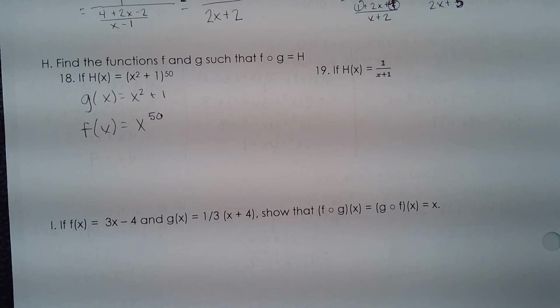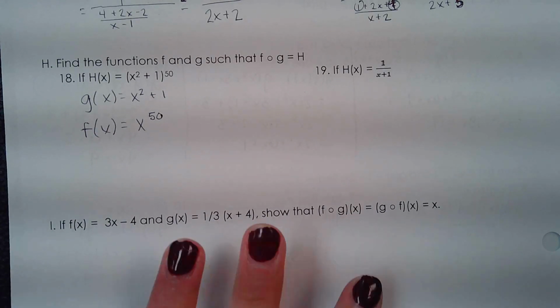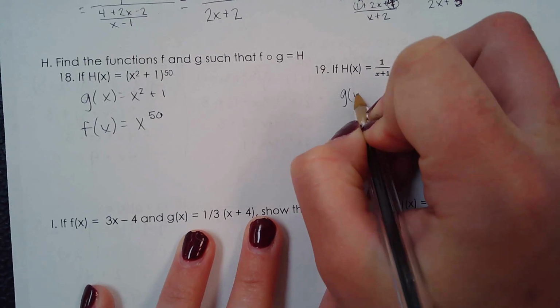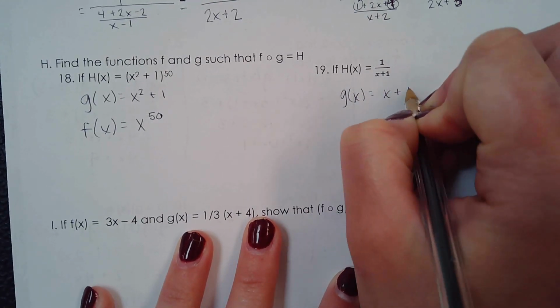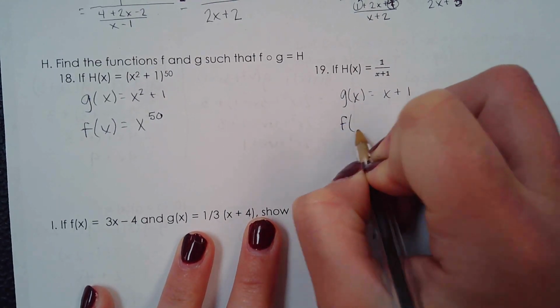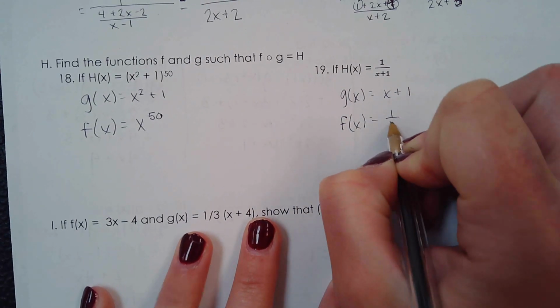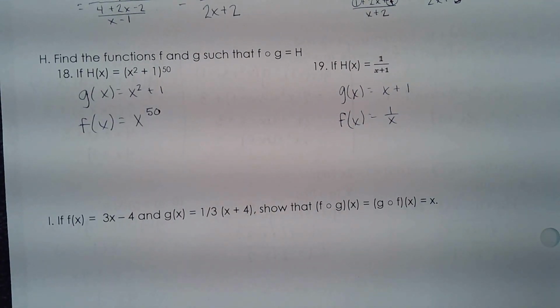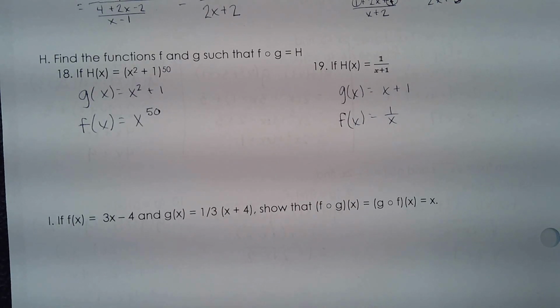Yeah, that's exactly it. So your inside is x plus 1. And so then your outside function was just 1 over x. Does that make any sense? Are we okay with those? I really don't think that's going to be a problem you have to do on your exam. So it's just a conceptual thing. Are we good to move on?